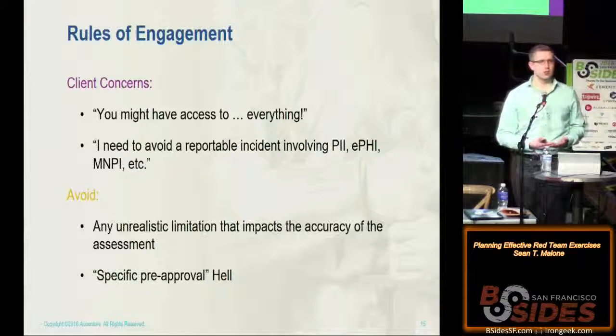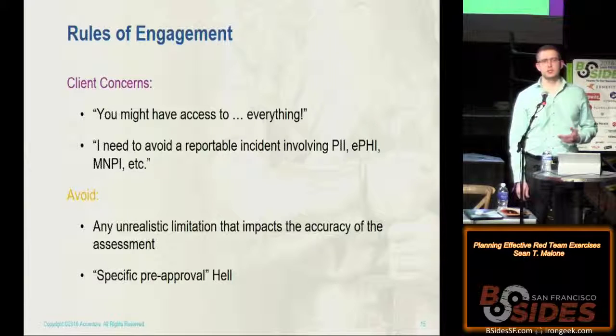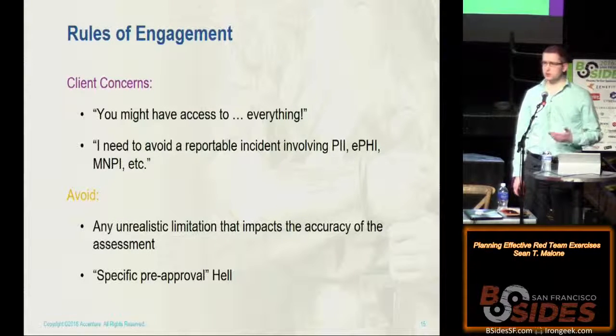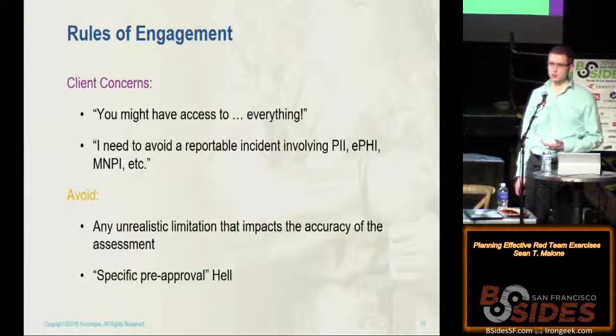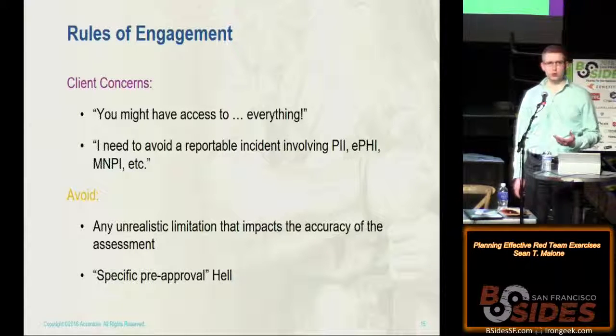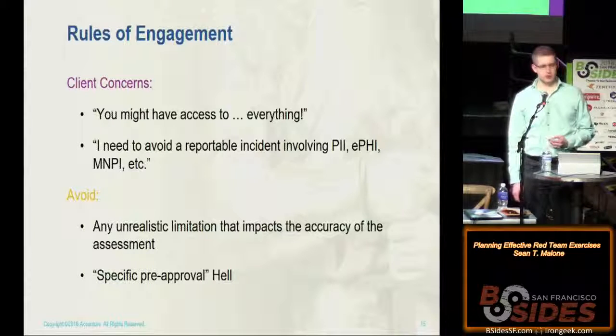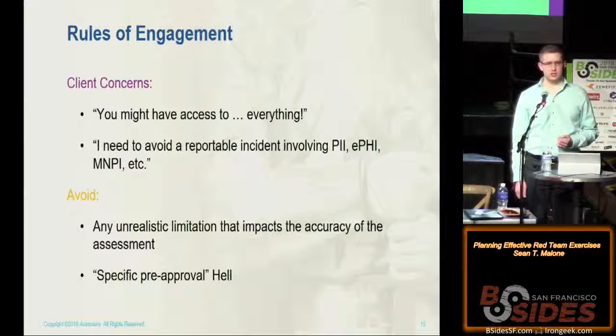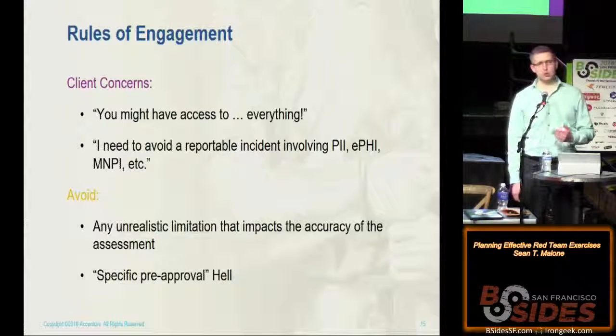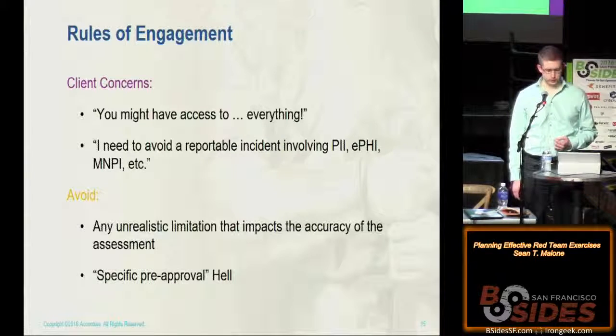Define it explicitly in your rules of engagement that you are not going to be asking for specific pre-approval, but that you will be compromising systems, deploying offensive technologies, cracking passwords, reusing compromised accounts, and any other specific attack techniques that you want to include there. Get agreement on those and have notification procedures in place, but not pre-approval required.